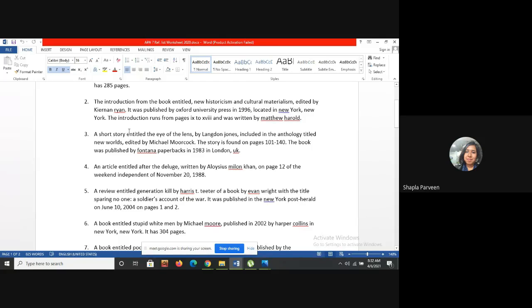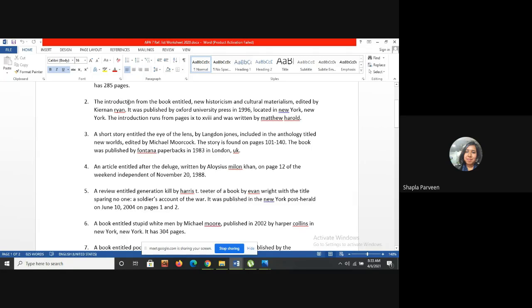The introduction runs from pages 9 to 18 and was written by Matthew Harold. Okay, so what type of source is this? It's a book. Yeah, it's also a book, but the information is taken from the introduction, right?